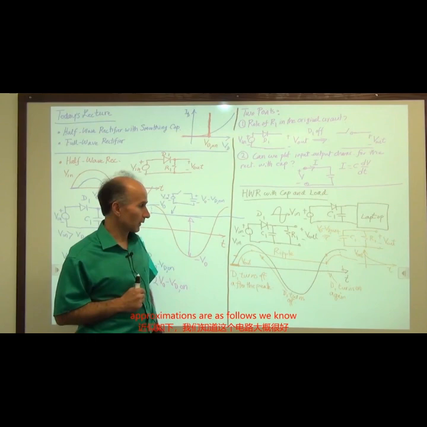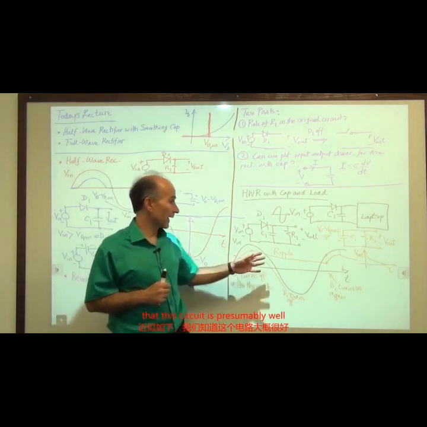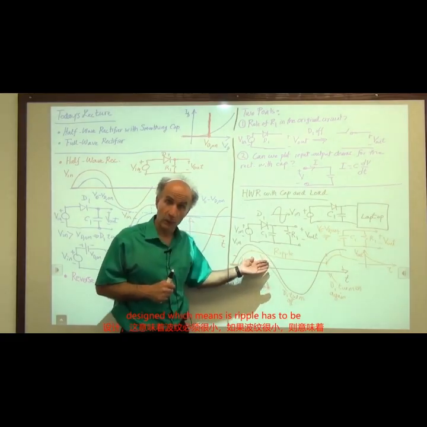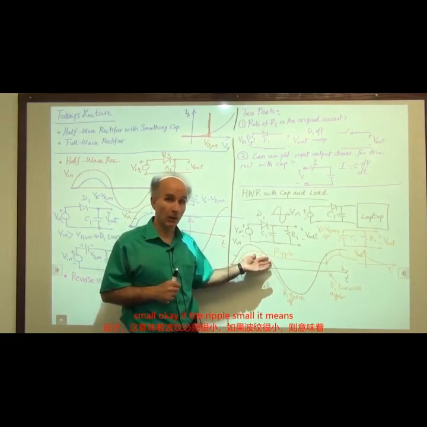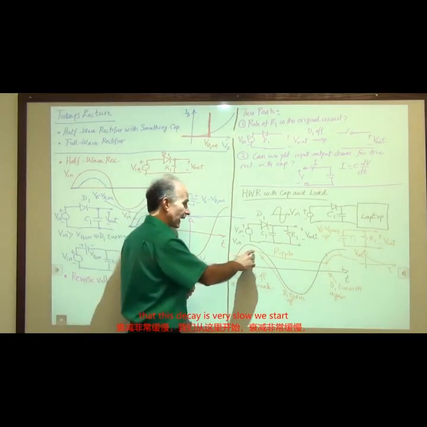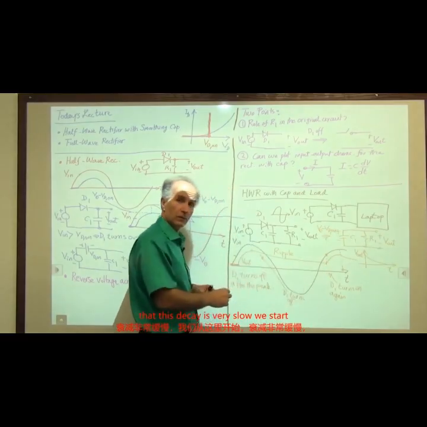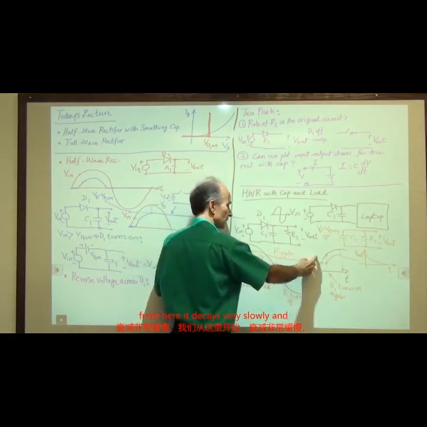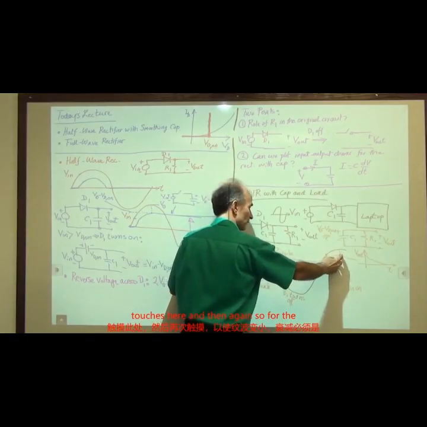The approximations are as follows. We know that this circuit is presumably well designed, which means its ripple has to be small. If the ripple is small, it means that this decay is very slow. It starts from here, it decays very slowly, and touches here, and then again.